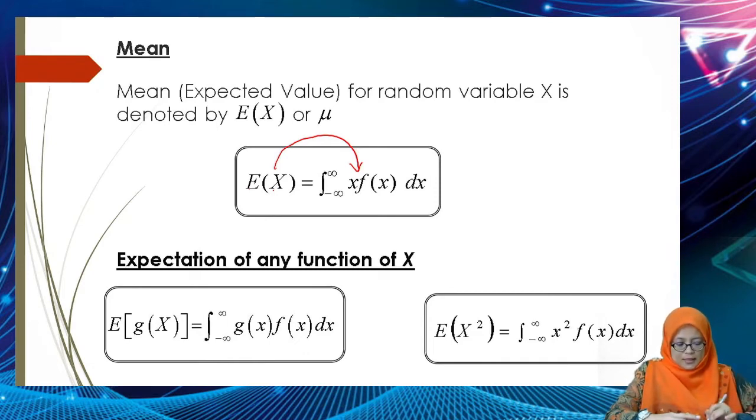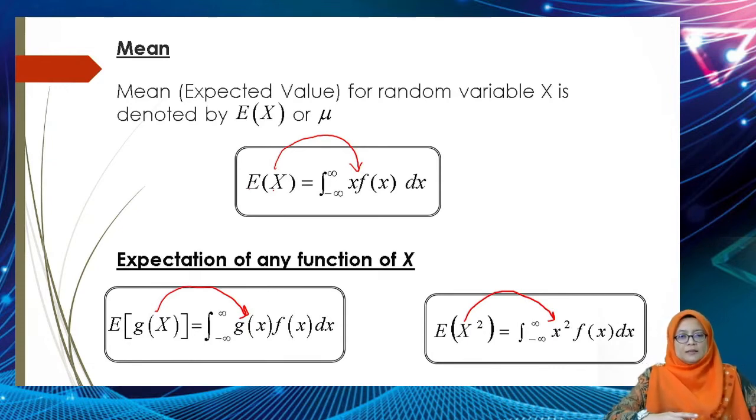Kalau sini expectation for function g(x), darab dulu function g(x) dia dengan f(x), baru integrate, cari nilai. Semua ni sama. Kalau ada expectation x square, darab dulu dengan x square awak punya function tu. So then baru integrate, then substitute value.